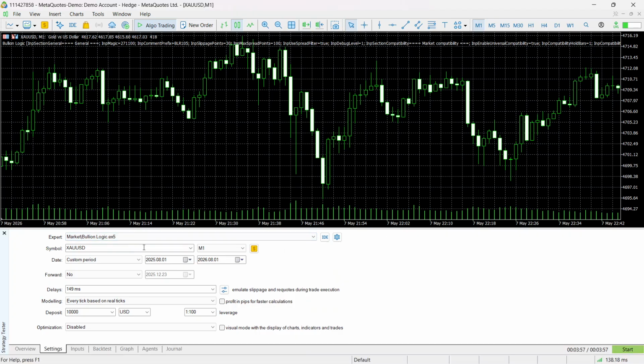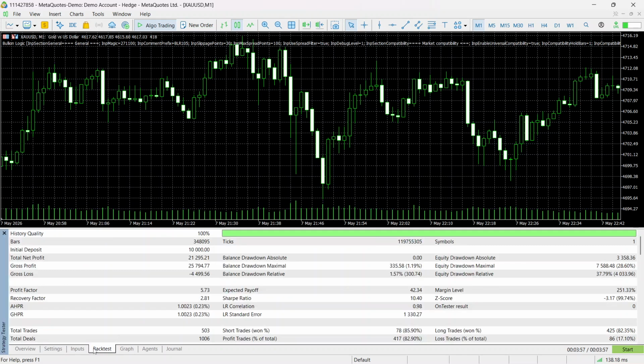Now, if you see, my setup is similar with gold USD and the M1 time frame, from August 2025 to August 2026, 1:100 leverage and a 10k starting deposit. Based on historical performance, it shows a total net profit of about $21,000.